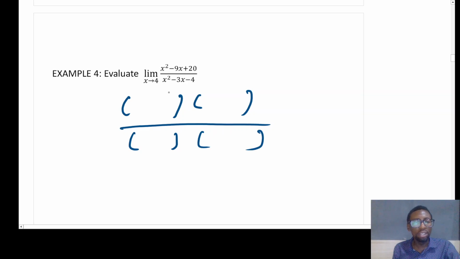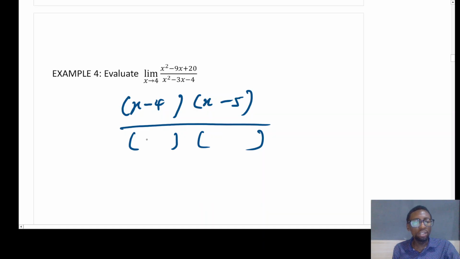Using a product of plus 20 and a sum of minus 9, with x squared here, I have x, and factorizing gives minus 4, minus 5.